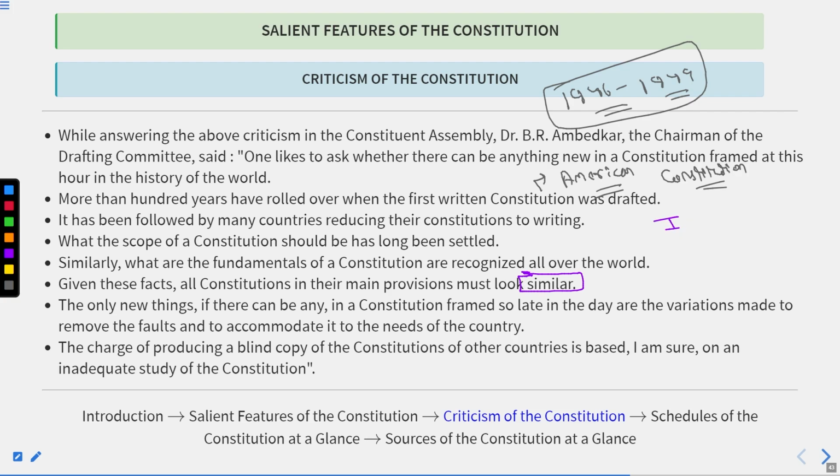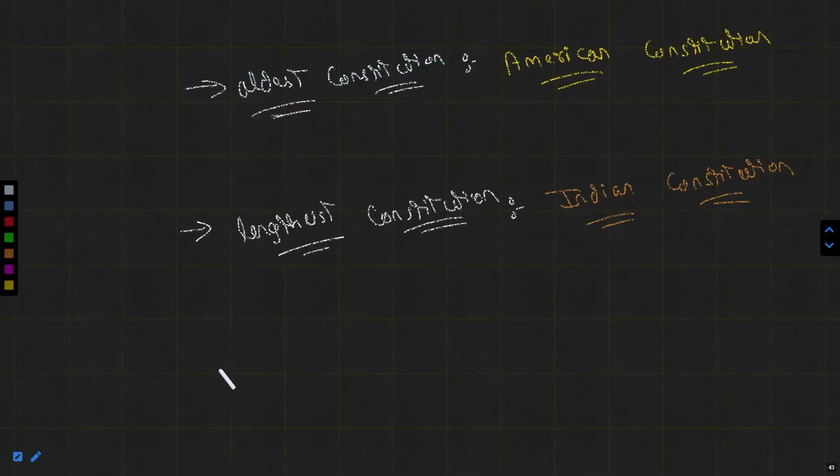All right. Due to which all the constitutions in the world look very much similar. Why? Because the ideals and the aspirations are common. All right. But how could the Indian constitution differ from them? Why? Because as I have told you, we have borrowed ideas only.